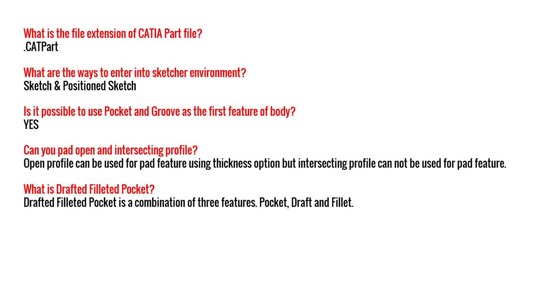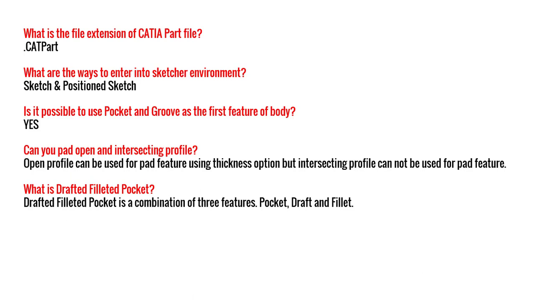When you are done applying this feature, if you check your feature tree, you will see separate features as pocket, draft, and edge fillets. So you are applying one feature, but getting three features applied, and you have separate control over those three features.